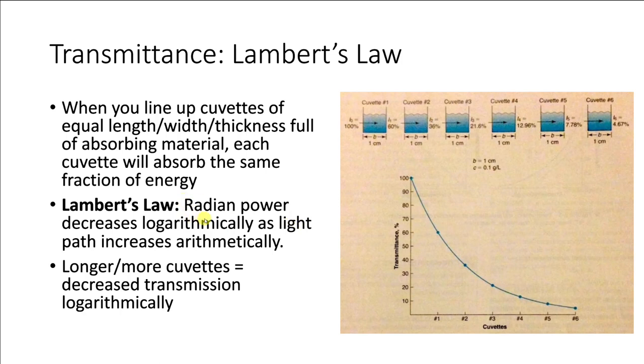Just to put it more explicitly, radiant power decreases logarithmically as light path increases arithmetically. In plainer English, the longer that light has to travel through these cuvettes, the more the transmission will decrease in a logarithm, or this curvature that you see here. It's not a straight line, it's a curvature.